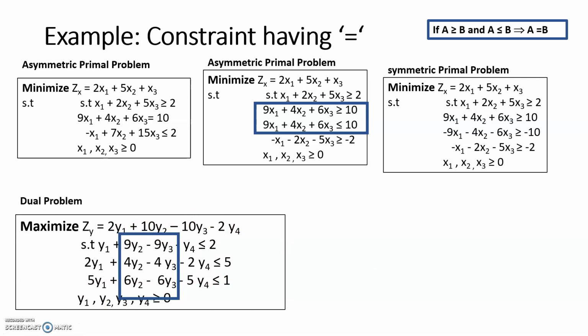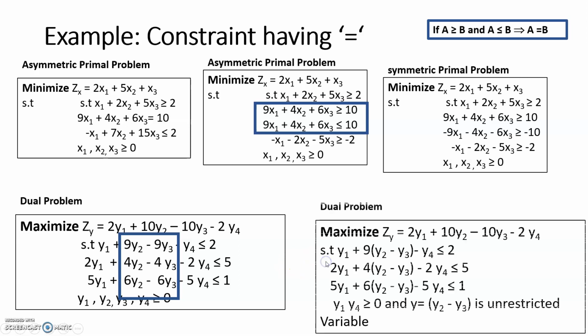Now look at this. In all these, y2 and y3 have the same coefficients but with different signs. The coefficients of y2 are all positive and the coefficients of y3 are all negative. So this dual problem can be written like this.